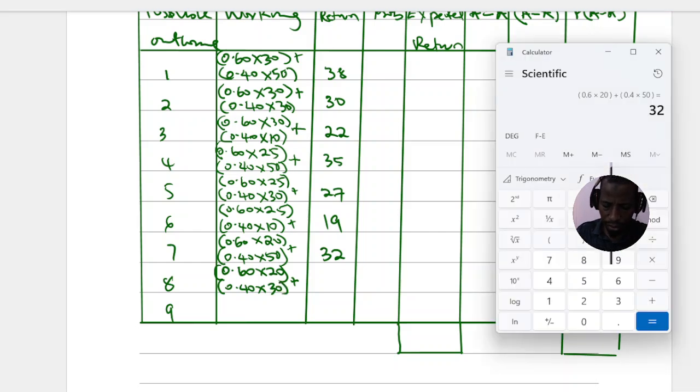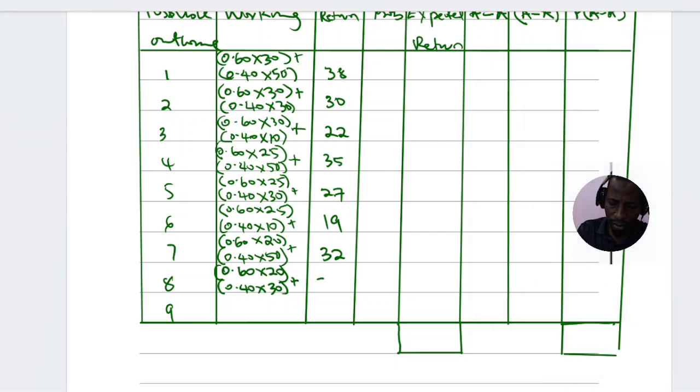Okay, so what do you have there? Open a bracket, 0.6 multiplied by 20, close the bracket, plus open a bracket, 0.4 multiplied by 30, close the bracket, equal to 24.